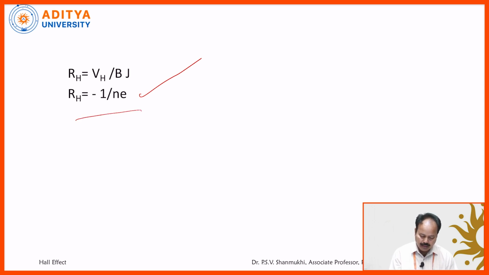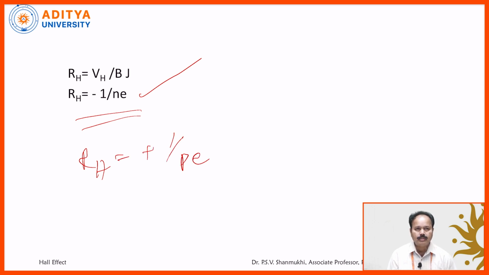So, in case of electrons, the charge is negative. Suppose it is a p-type semiconductor, we can write RH is equal to plus 1 by Pe, where P is the holes density. That means, by the Hall coefficient, we can understand the type of the material, whether it is an N-type semiconductor or a p-type semiconductor.